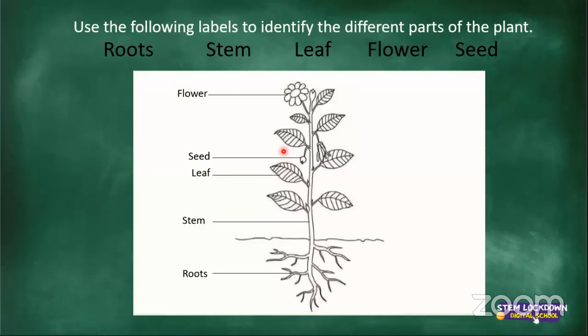Yes. We need the seed to make a new plant. That's its main function. To reproduce, yes. We need the seed to fall into the ground, and then if it meets the right conditions, it will germinate and a new plant will grow. Good job, guys.